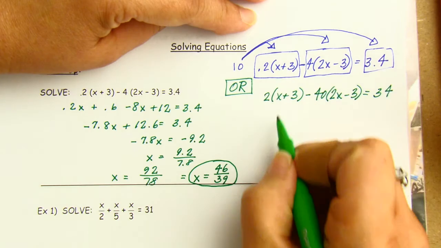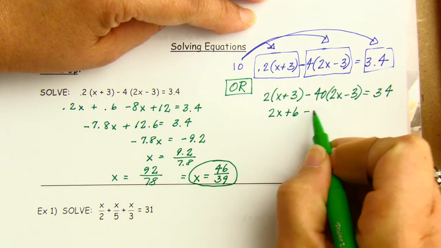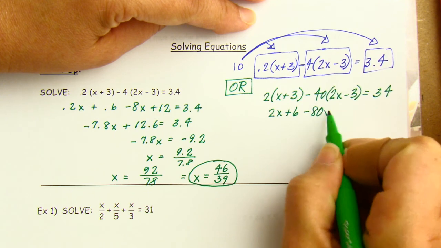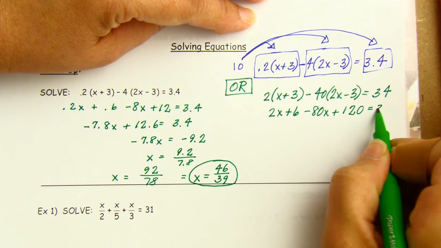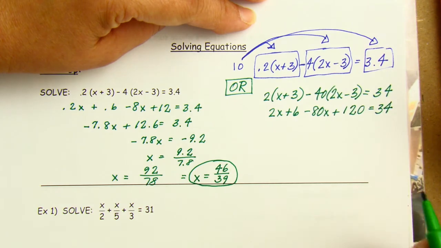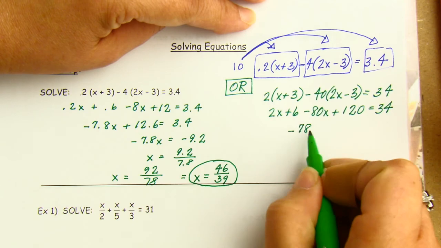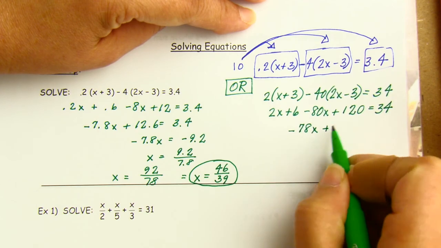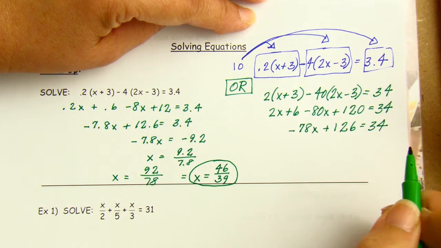Now we can distribute. 2x, add 6, subtract 80x, add 120, equals 34. Combine like terms on the same sides. Negative 78x, add 126, equals 34.